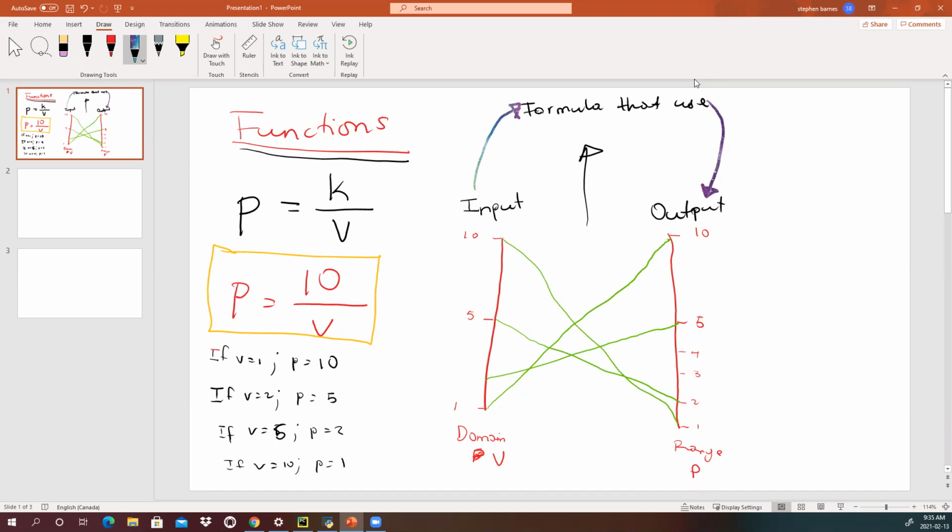Now, in our case here, our input, which we refer to as the domain, was our volume, because we had values that we put into the equation for our volume. The function would be this formula here, P equals 10 over V. And then the output would be the range, which is the values that we got over here. Everybody following?